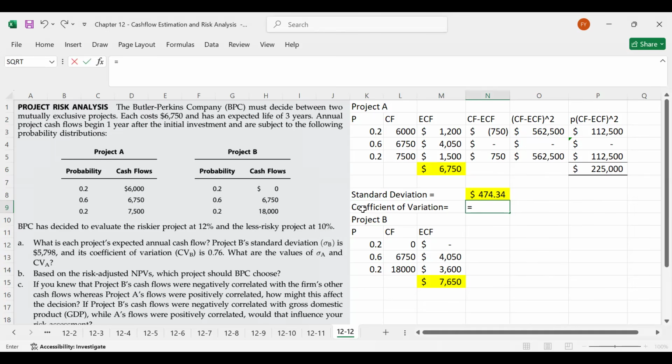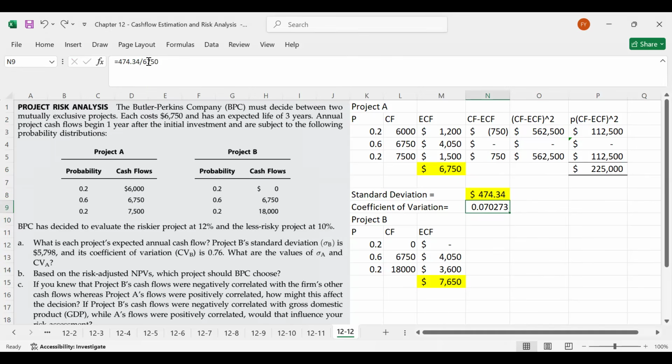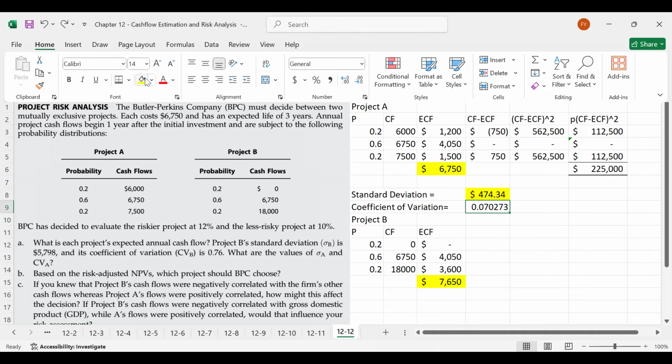So standard deviation is 474.34 dollars divided by expected cash flows, which is 6750. So this is the coefficient of variation. Here it is our next answer, coefficient of variation of project A.